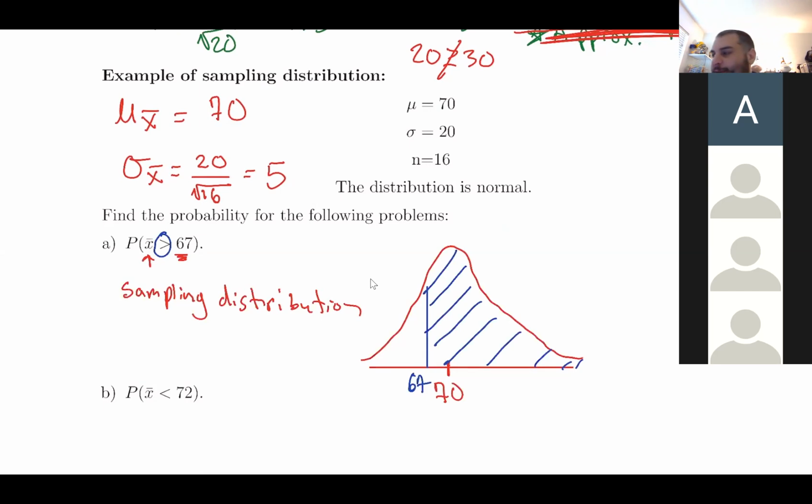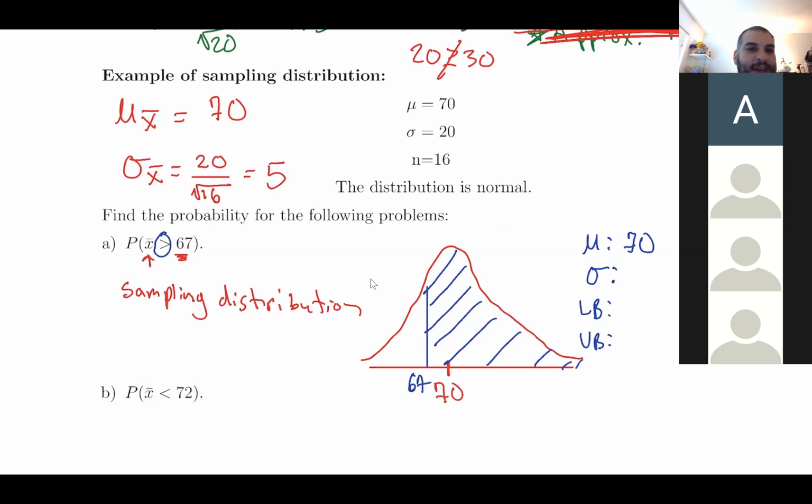Okay, so right now we're going to get some information that we're going to need once we go to Class Calc, or if you're doing the TI-83. For the TI-83 or for Class Calc, it's going to ask you for these 4 things. It's going to ask you what is the mean. So the mean you put is 70. It's also going to ask you for the standard deviation.